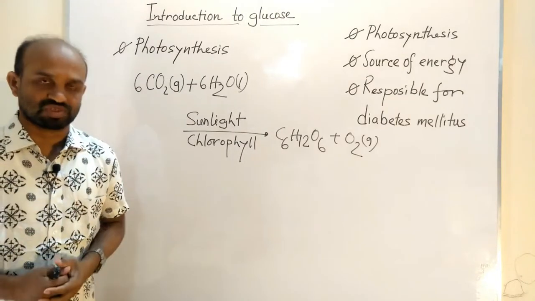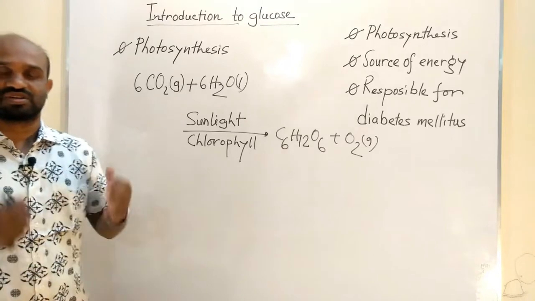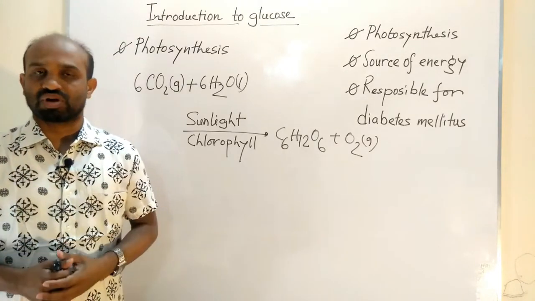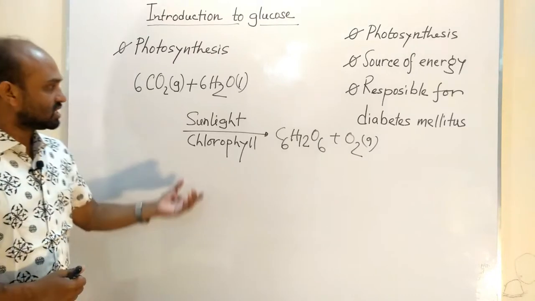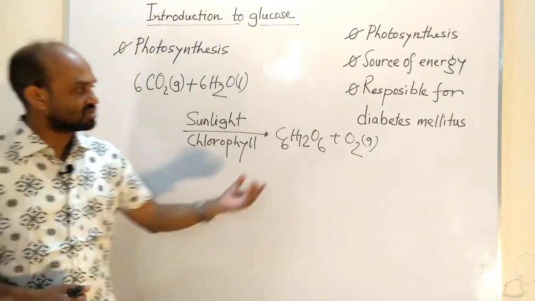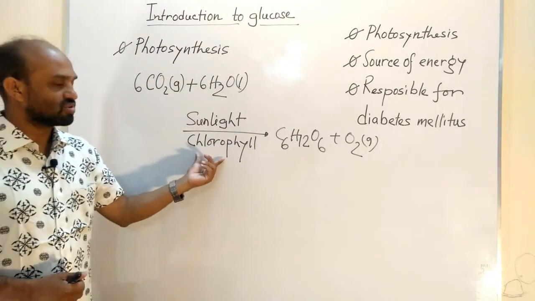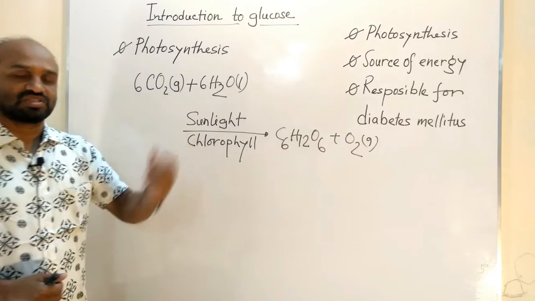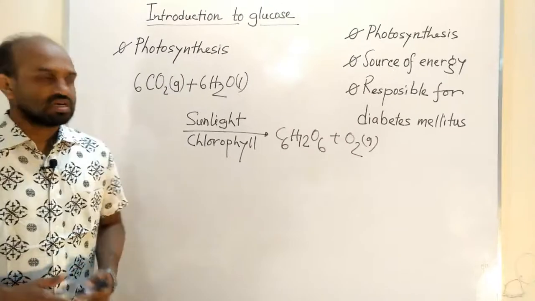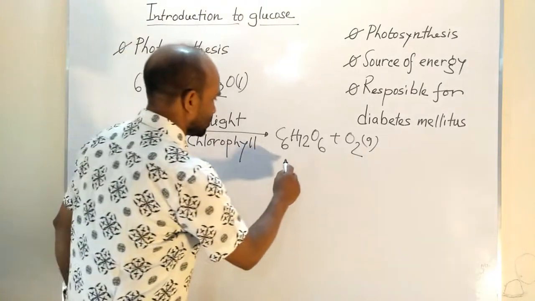So what is photosynthesis? The process by which green plants and some certain microorganisms use sunlight and synthesize nutrients in presence of chlorophyll is called photosynthesis. Here the name of this compound is glucose.